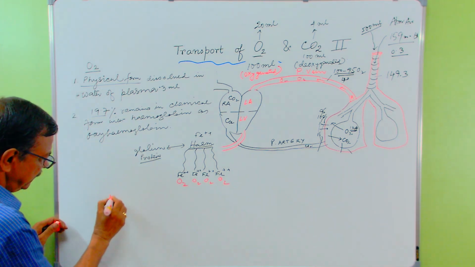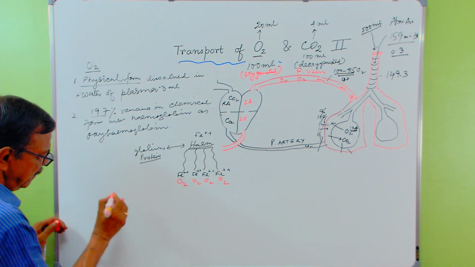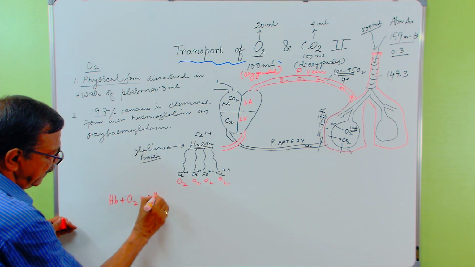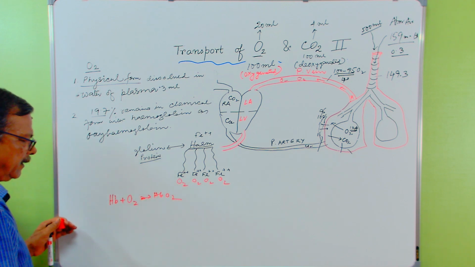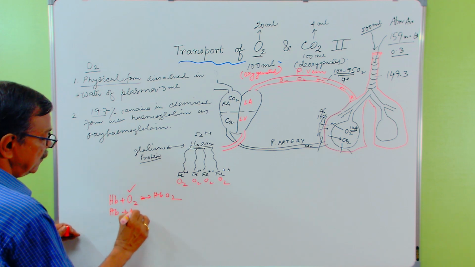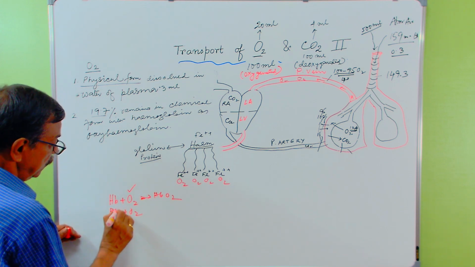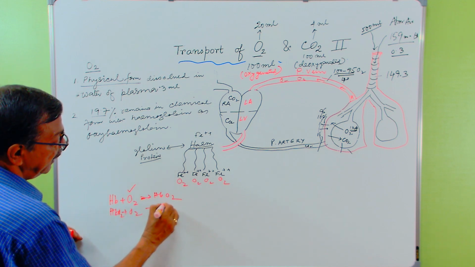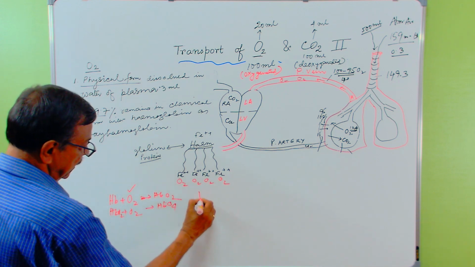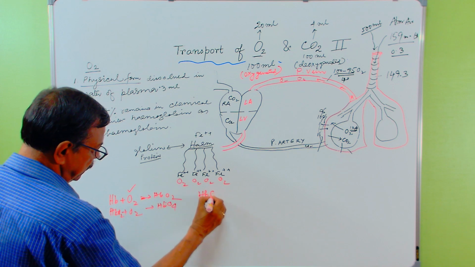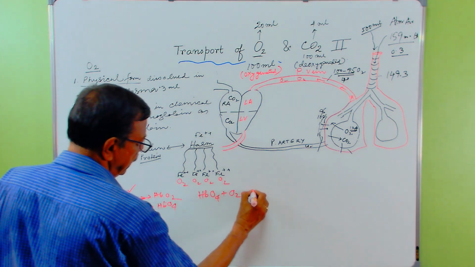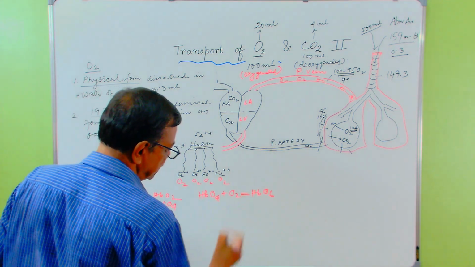So the formula is Hb plus O2 gives HbO2, 1 molecule. Then HbO2 plus O2 gives HbO4. Third, HbO4 plus O2 gives HbO6.